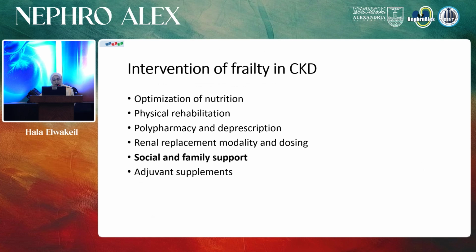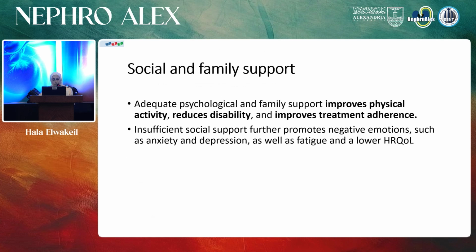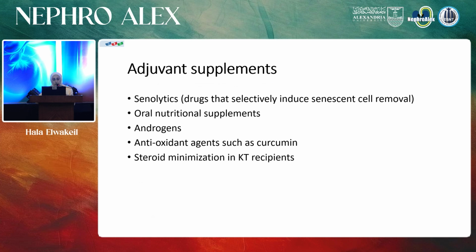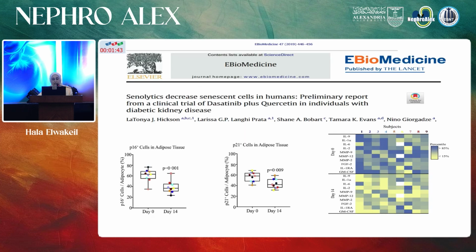Social and family support are very important as they improve physical activities, reduce disability, and improve treatment adherence. Are there any adjuvant supplements? There are very few studies on these issues, and these are the lists, starting with the senolytics.